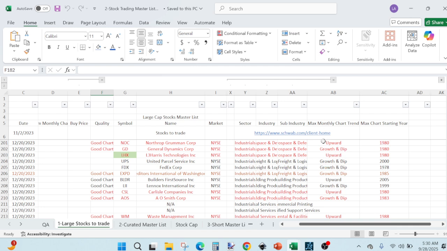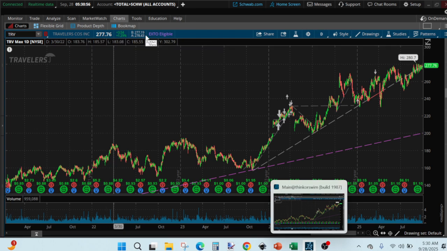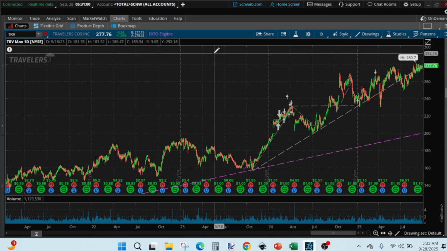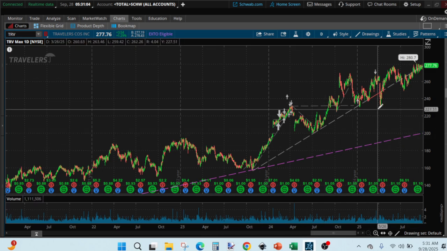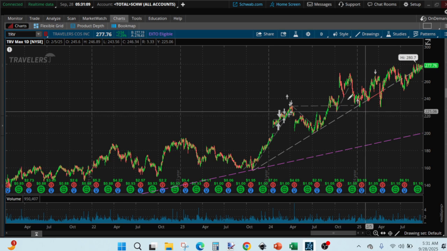To analyze the chart and know which ones are trending upward large cap stocks, I like to use the thinkorswim platform. It's free if you have a Charles Schwab account, and I use it to analyze charts and to trade stocks. I do the trading in Charles Schwab.